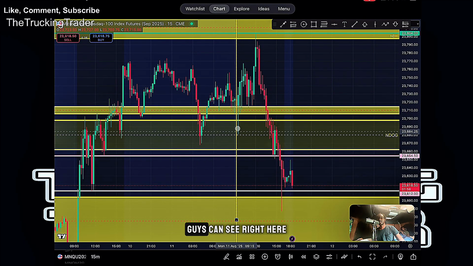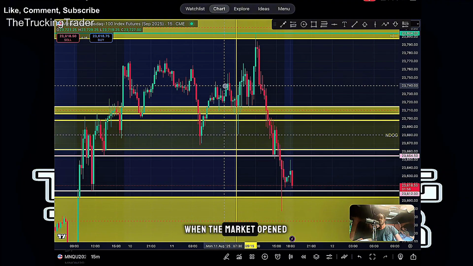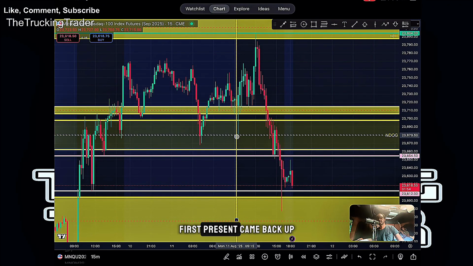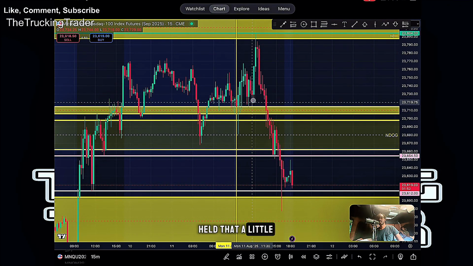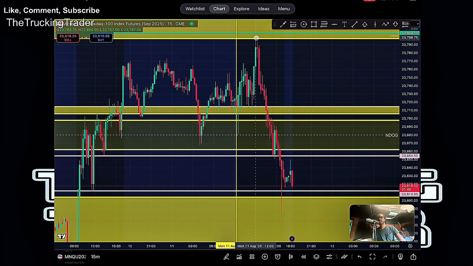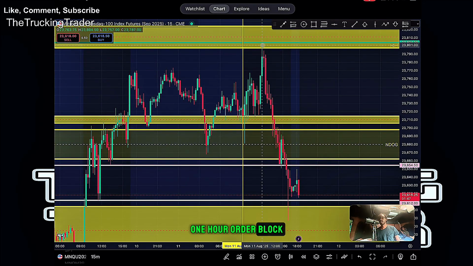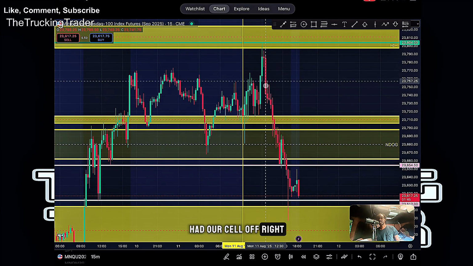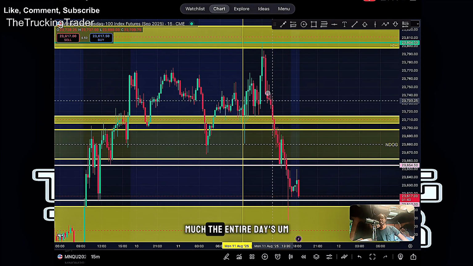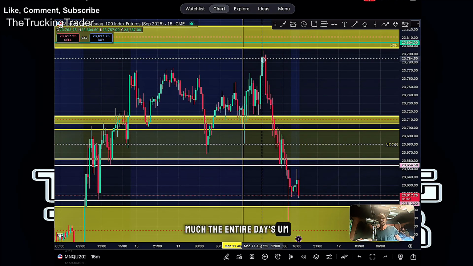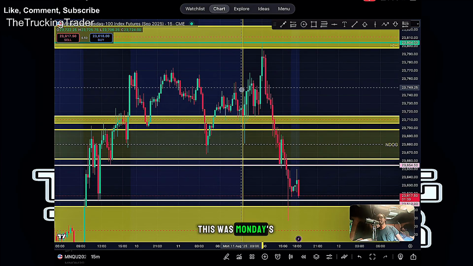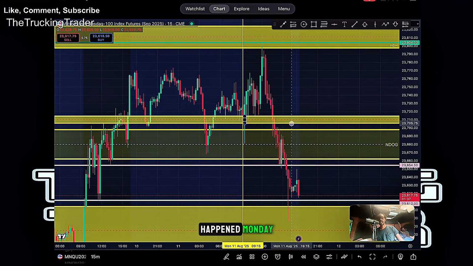As you guys can see right here, when the market opened, we broke below this first presented, came back up, held that a little bit, and then we kept going higher until we touched that 1 hour order block. Then that's when we had our sell off, right? This was everything that happened Monday.